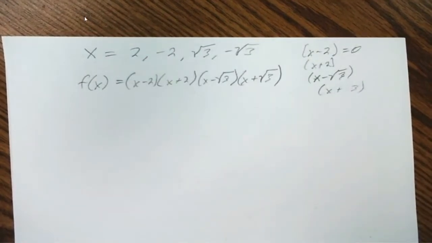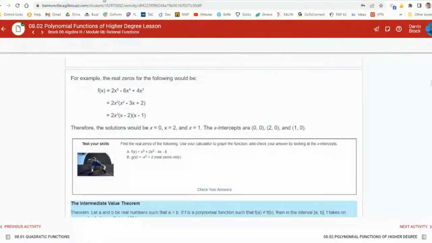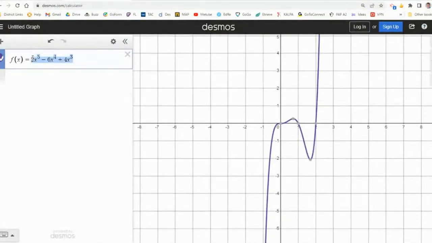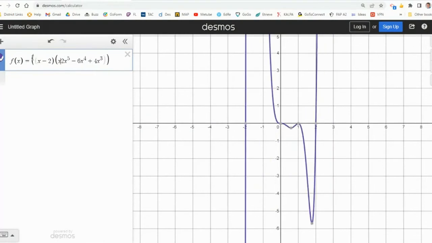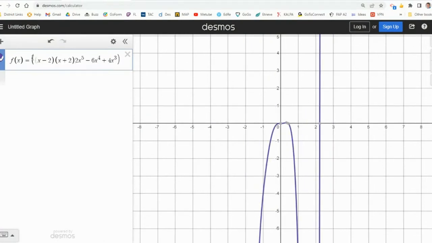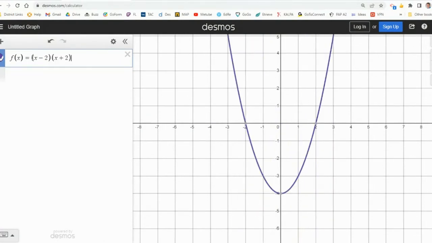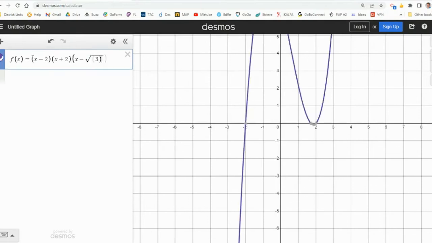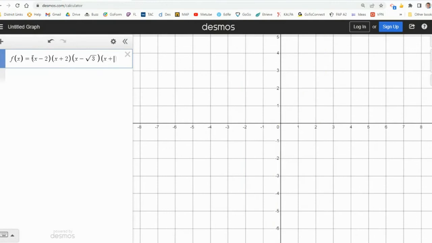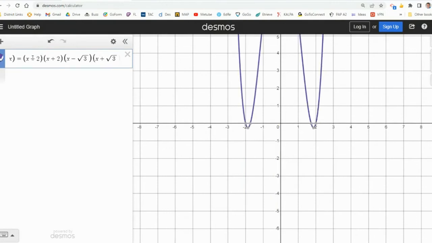That is the function that has these zeros. We can prove that by putting that right into Desmos. Let's write that function: x minus 2, x plus 2, x minus the square root of 3 and x plus the square root of 3.